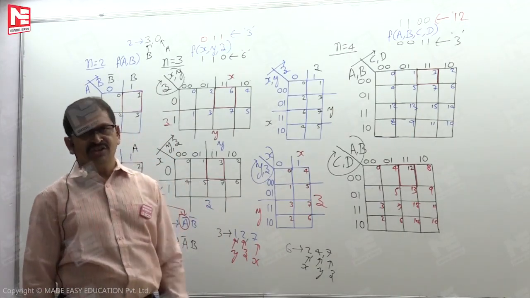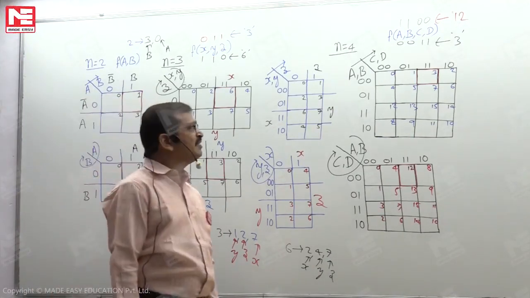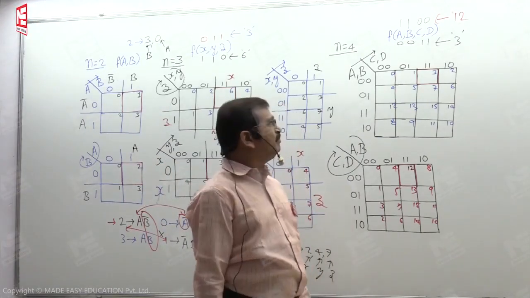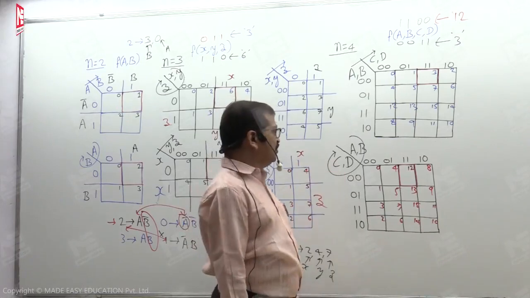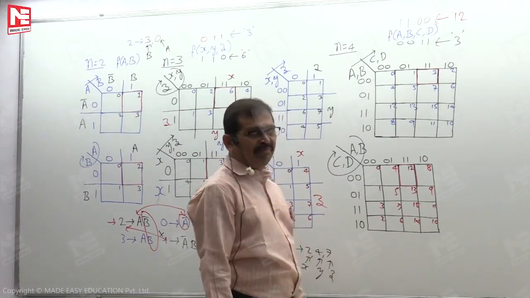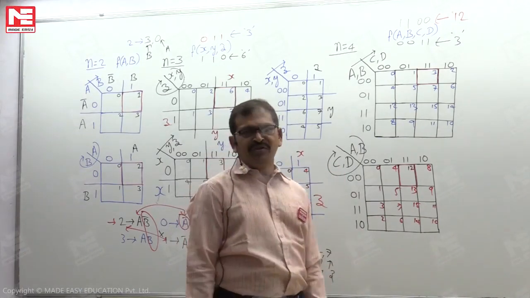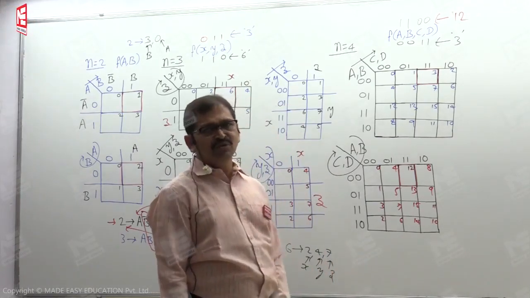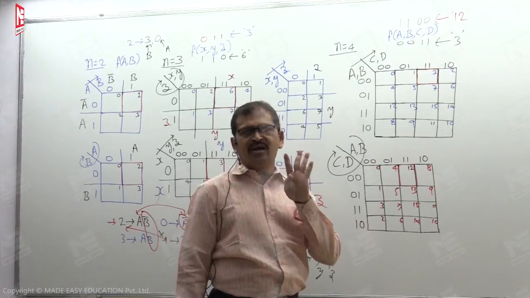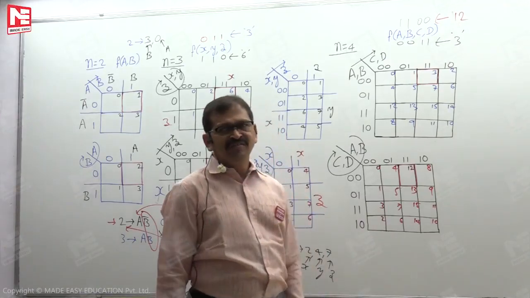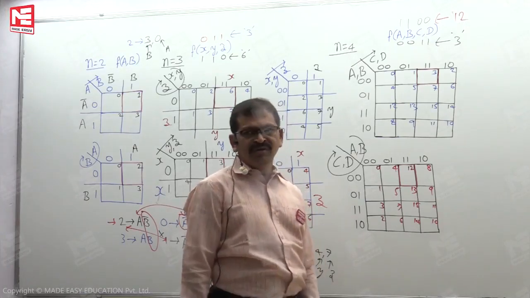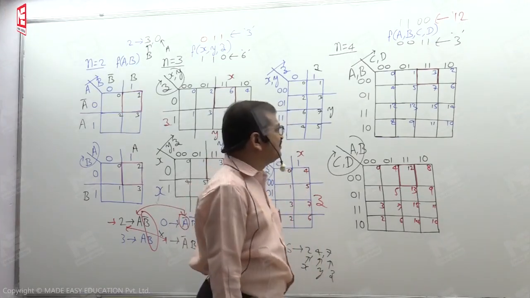Now let us come to the 4 variable K-map. Based on our knowledge of the 2 variable and 3 variable maps, for every cell we are supposed to read exactly 4 cells as adjacent cells.